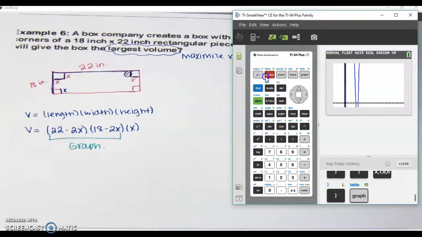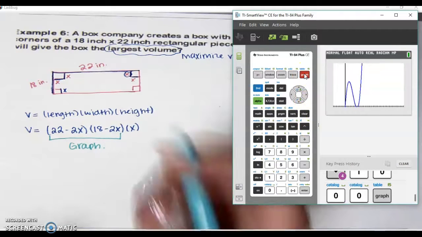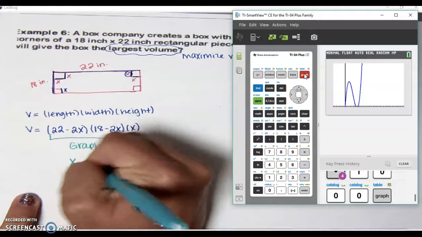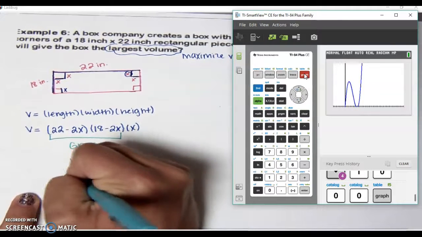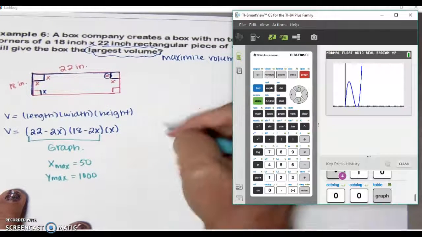Okay, so I'm going to change my window a little bit. I'll leave the 50. I'm going to change my Y max to 1,000. Alright, that's good. So X max I did 50, Y max 1,000. Okay, and we'll sketch a little graph here.